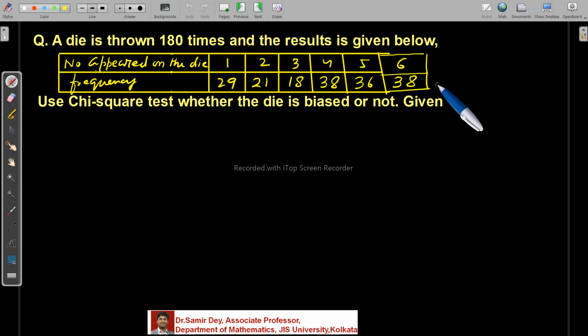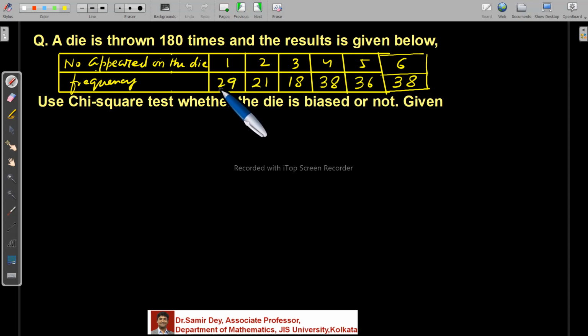So here I have considered one question. A die is thrown 180 times and the result is given below. So here 1, 2, 3, 4, 5, 6 is all about the appearance on the upper surface.